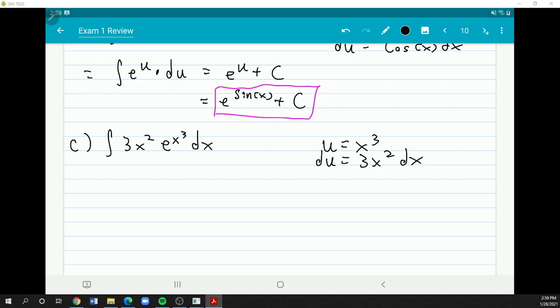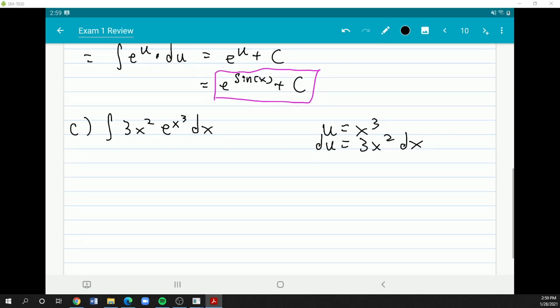All right. Again, if you're having trouble with u substitution, the best thing I can say is practice and experiment with making things u. And if you can get rid of all the x stuff, then 90% of the time you did it right. Okay. So now we have a 3x squared and a dx like we do over here.